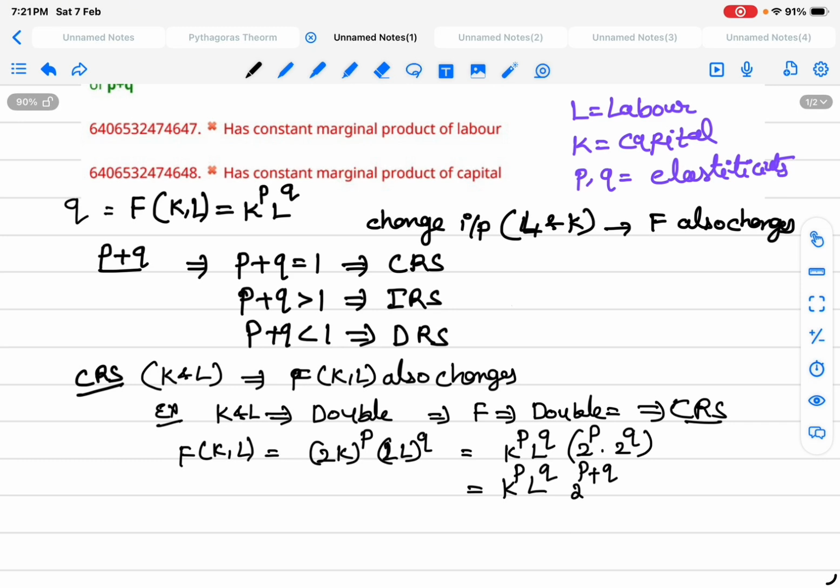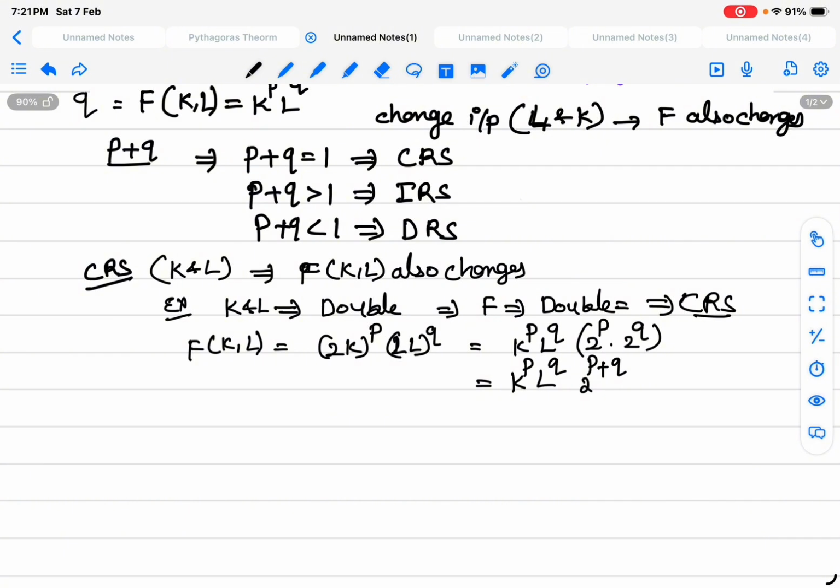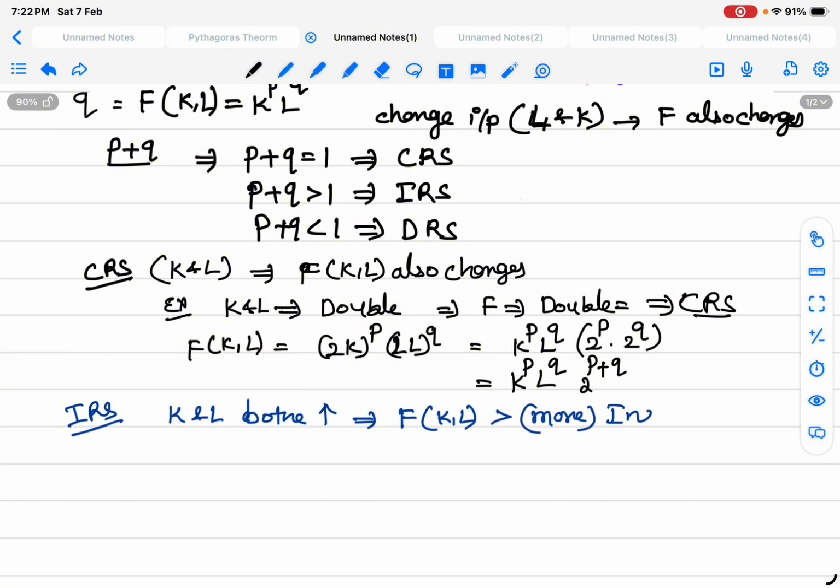In the same way you can check P plus Q. In increasing returns to scale, if K and L are both increased and the firm output F of K, L increases by more, then it is called increasing returns to scale.